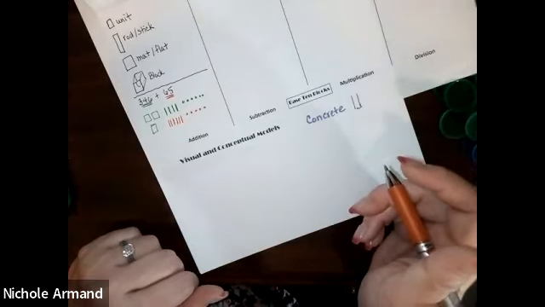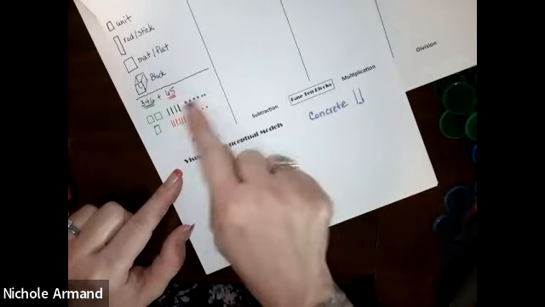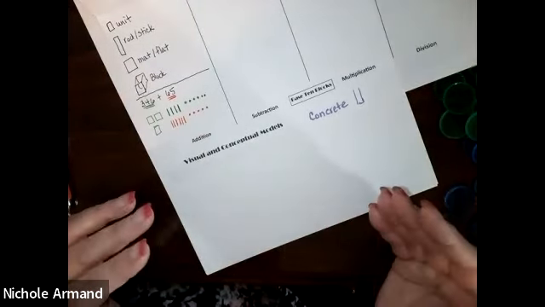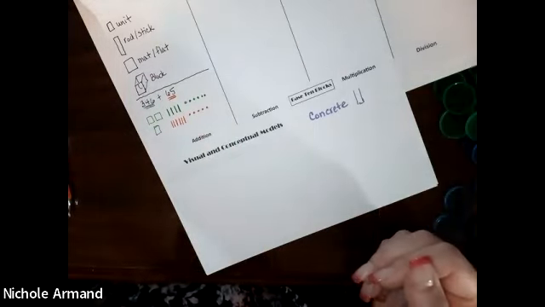All right, so we're going to start by adding the units, and we are looking for groups of 10. So pick another color, or we can use a highlighter.